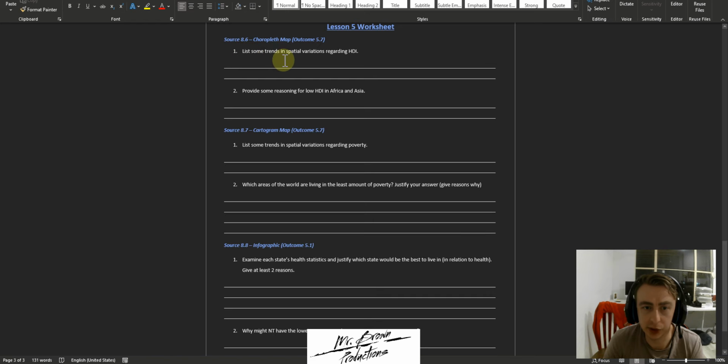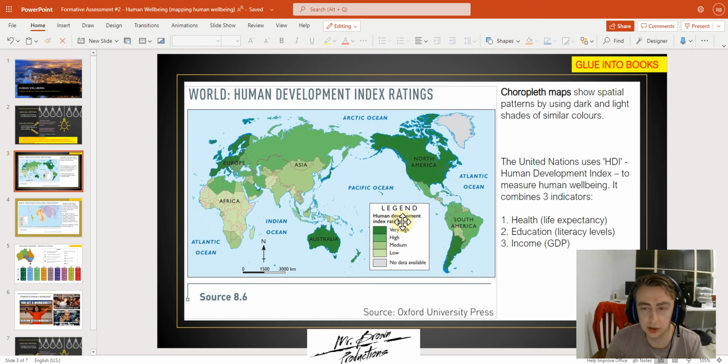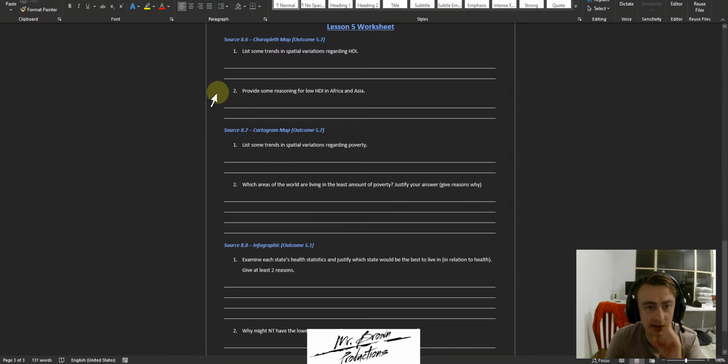One, list some trends in spatial variations regarding HDI. So trends are patterns. Remember, spatial variations is looking at differences between different locations. So what are some patterns we can see across different locations in regards to HDI? There's certain locations that are higher or lower than others. If that's the case, list some trends that you can see there.